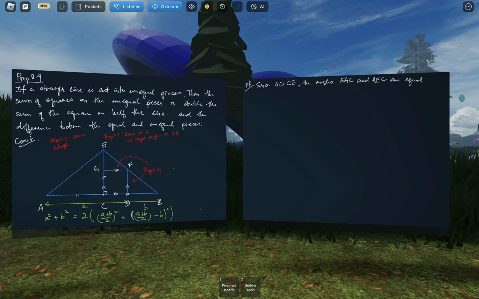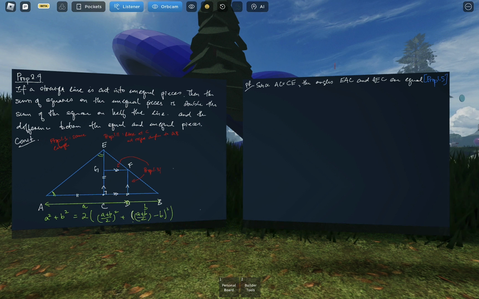And this is due to proposition 1.5, the proposition about triangles. So the two angles we're talking about are these ones.